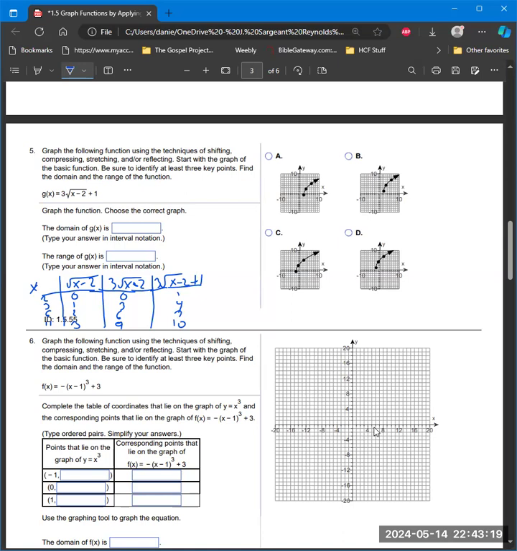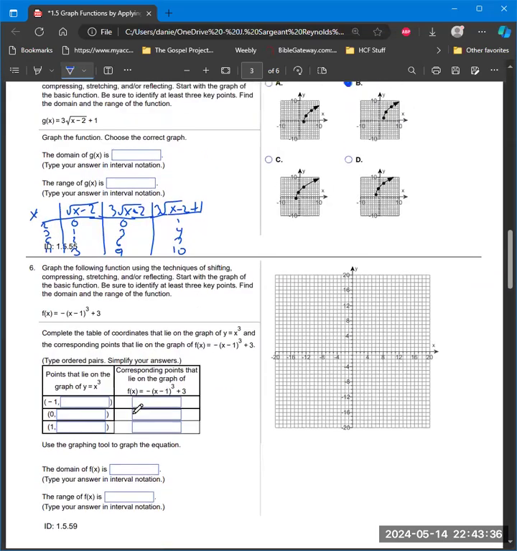And so we have the point (2, 1), the point (3, 4), the point (6, 7), and the point (11, 10). And when we look for those points, we see that that is going to be B. The domain of this is going to be x greater than or equal to 2, so 2 to infinity. And the range is going to start at 1 here and go to positive infinity.